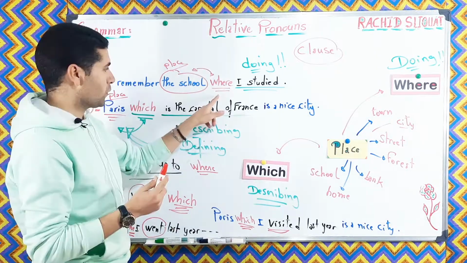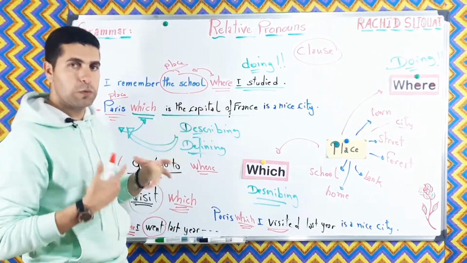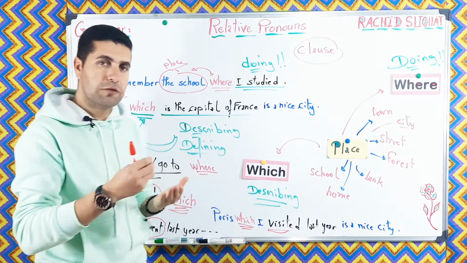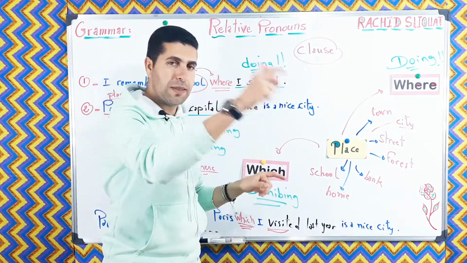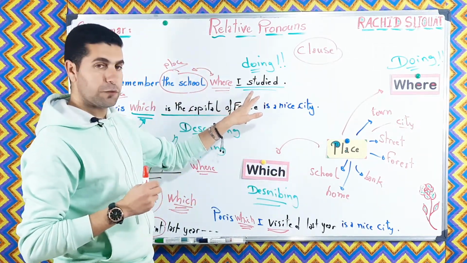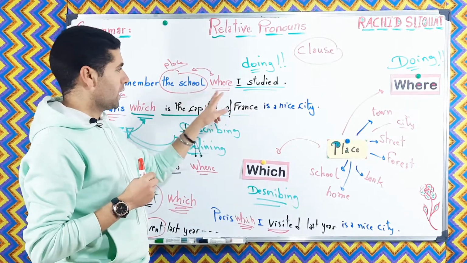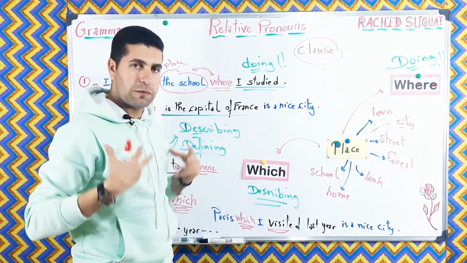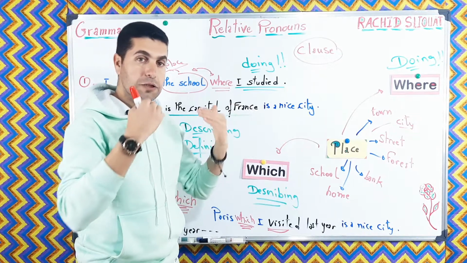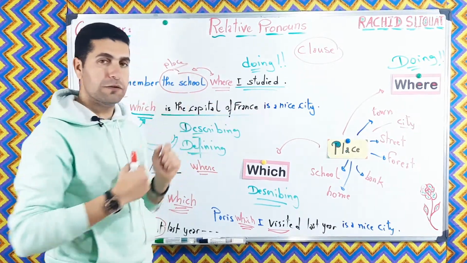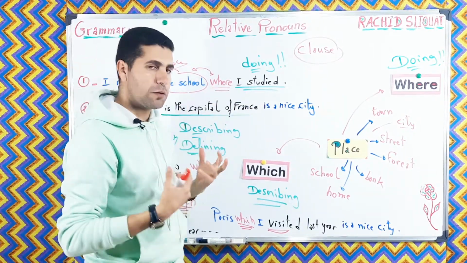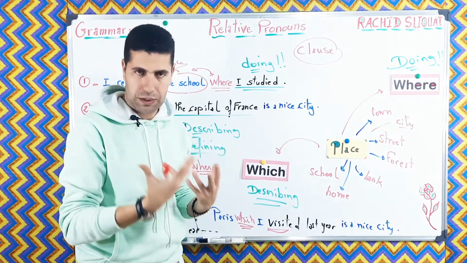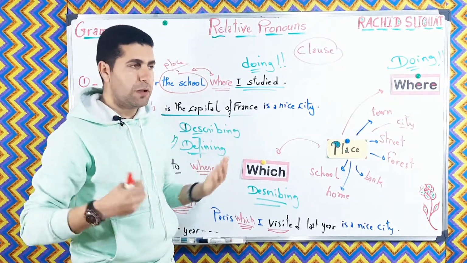So just remember, we use where with places when we are talking about something that we do in that place. For example, here we are talking about this school in terms of studying. Studying is something that I did in that place. We can talk about studying, playing, working, meeting people, and so on.